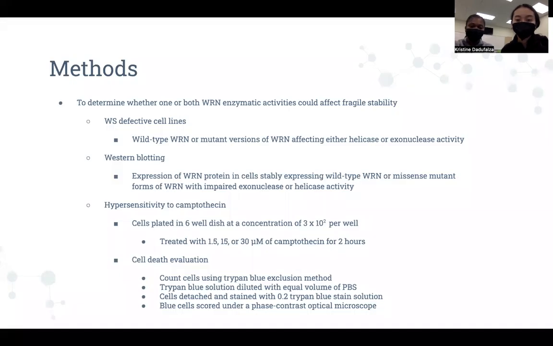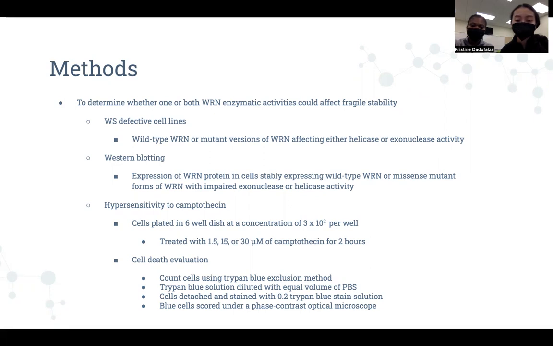To determine whether one or both WRN enzymatic activities could affect fragile site stability, the researchers created Werner syndrome defective cell lines stably expressing wild-type WRN or mutant versions of WRN, affecting either helicase or exonuclease activity.